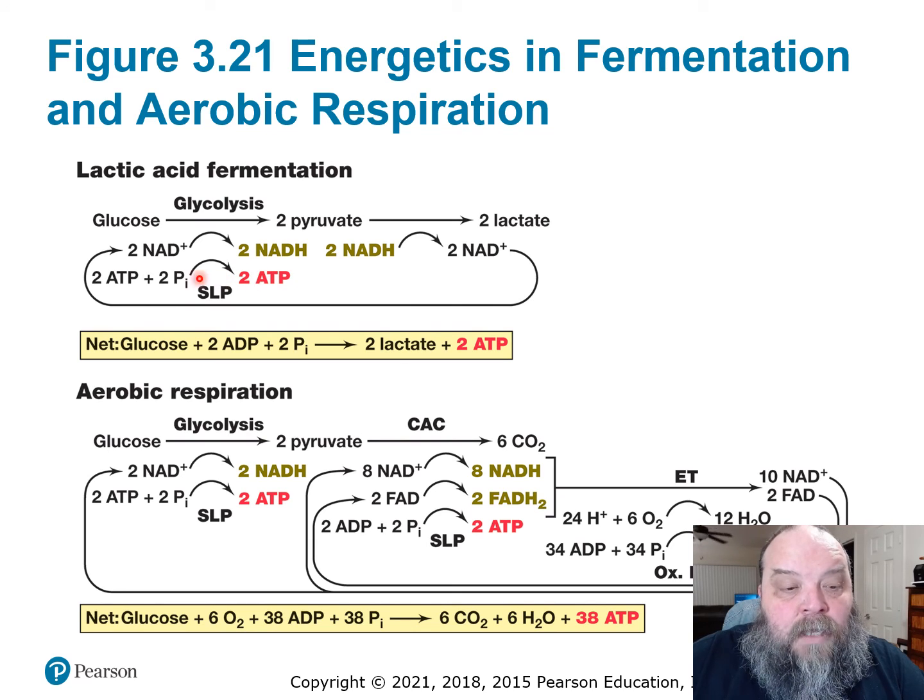Cool. That's substrate level phosphorylation. Problem is you're using up all your NAD. So you have to regenerate. NADH, oxidize it, take those hydrogens, rearrange the pyruvates. You now end up with lactic acid. You now have 2 free NADs, which can go back. You go through glycolysis one more step.